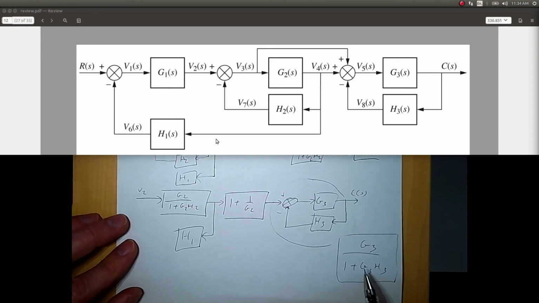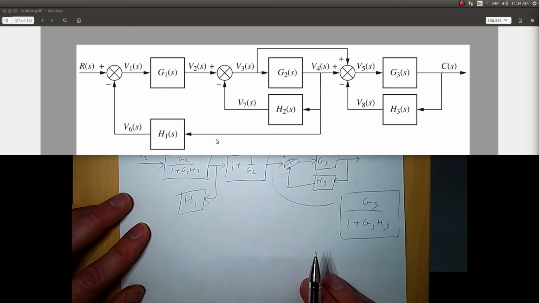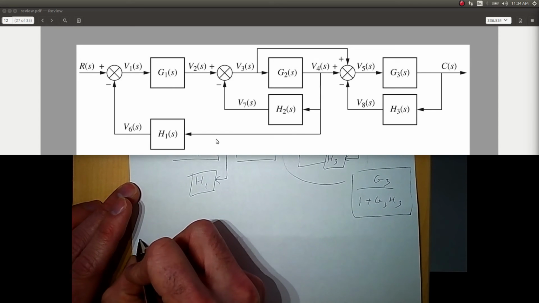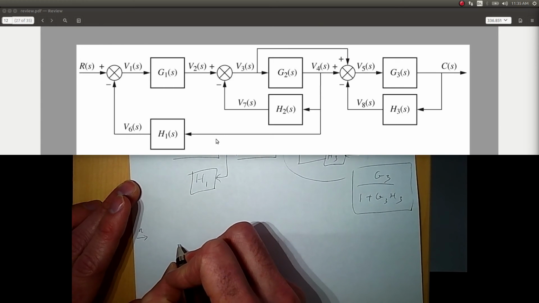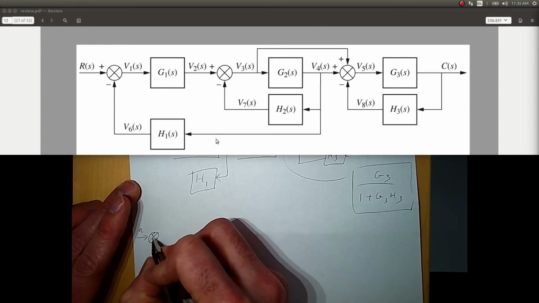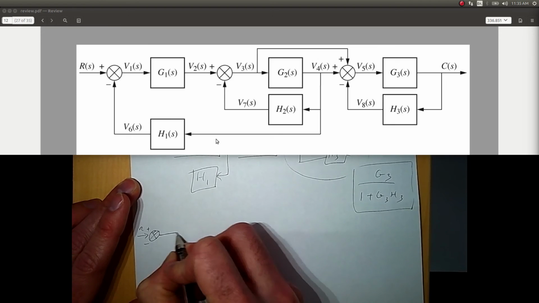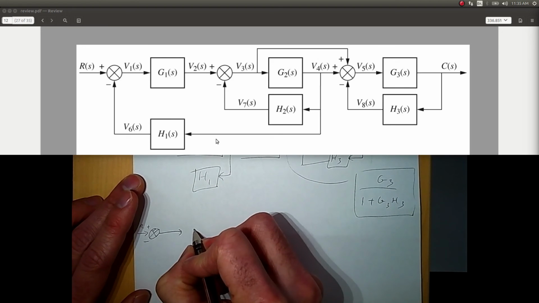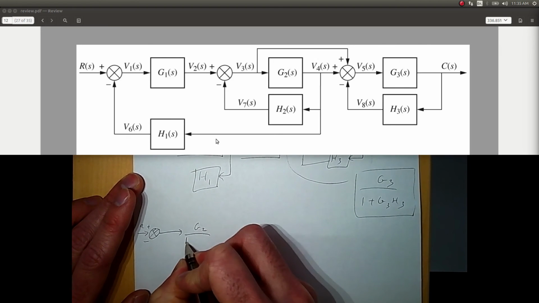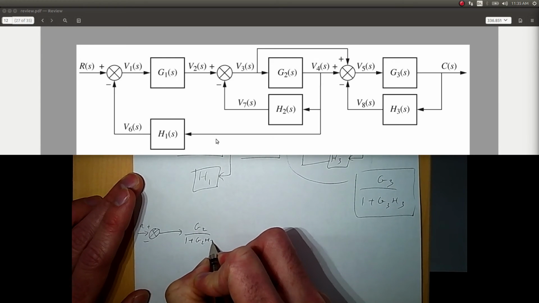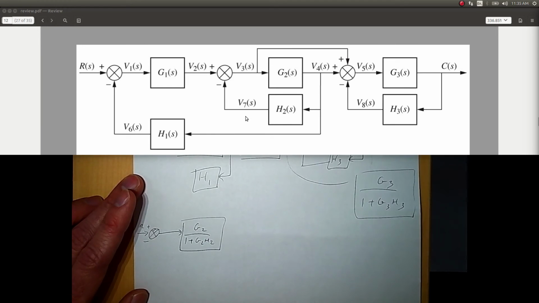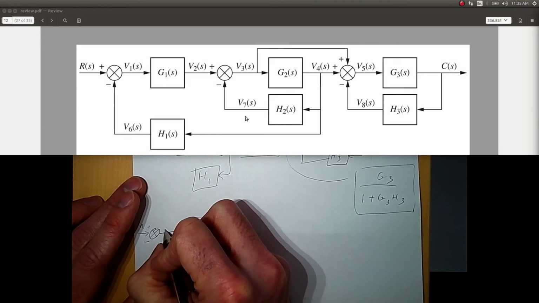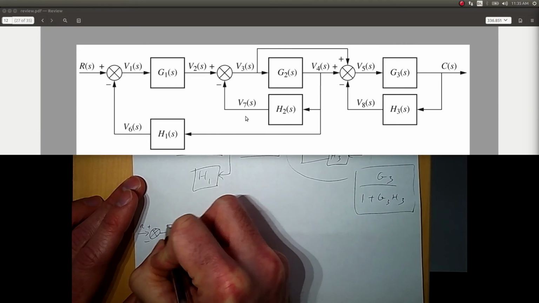So these two can be combined in cascade form. And what we end up with is R goes into the summing junction, and the output of that is multiplied by oops, I left out G1. Excuse me here.